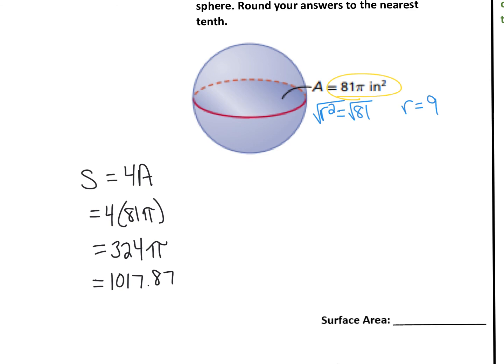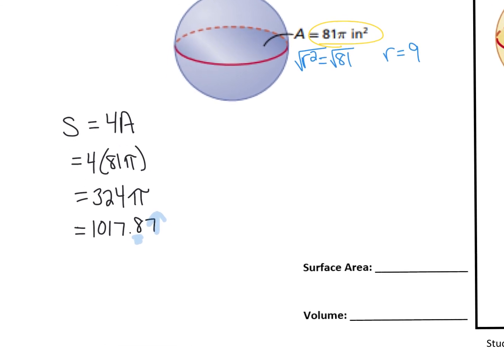Make sure you're rounding it. Looking at the 87 tells me to bump it up. So my surface area for this sphere will be 1017.9. And my units was inches, and since it's surface area, it will be squared.